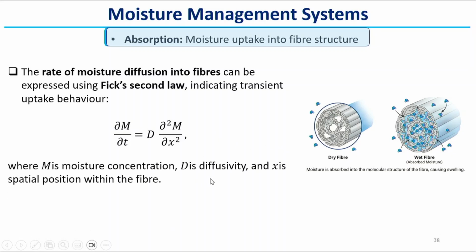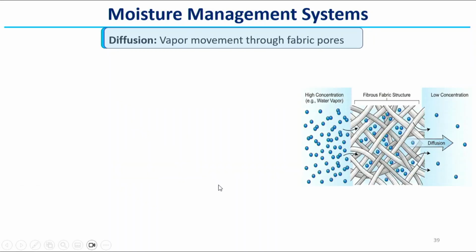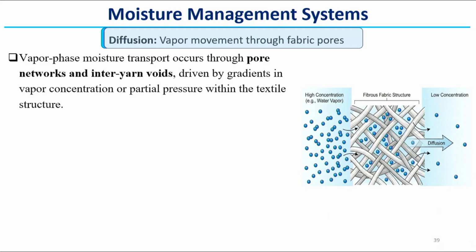M is the moisture concentration, D is the diffusivity, X is the spatial position within the fiber, and diffusion, as we have discussed, is basically through the moisture vapor pressure. Vapor phase moisture transport occurs through the pore network and inter yarn voids.